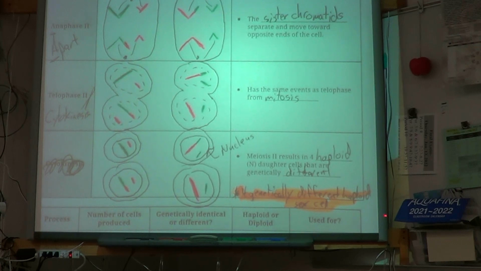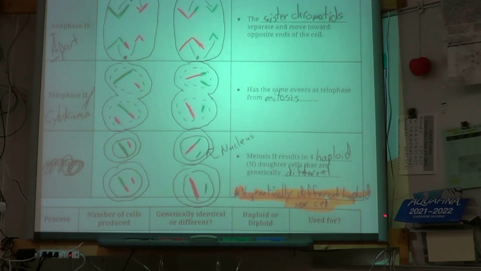The length that these processes occur varies. The production of sex cells starts in humans around puberty, that's the onset of this. For males, it typically happens until the day they die, they're producing sperm cells. For females, it happens until menopause, which is the stop of the production of eggs.